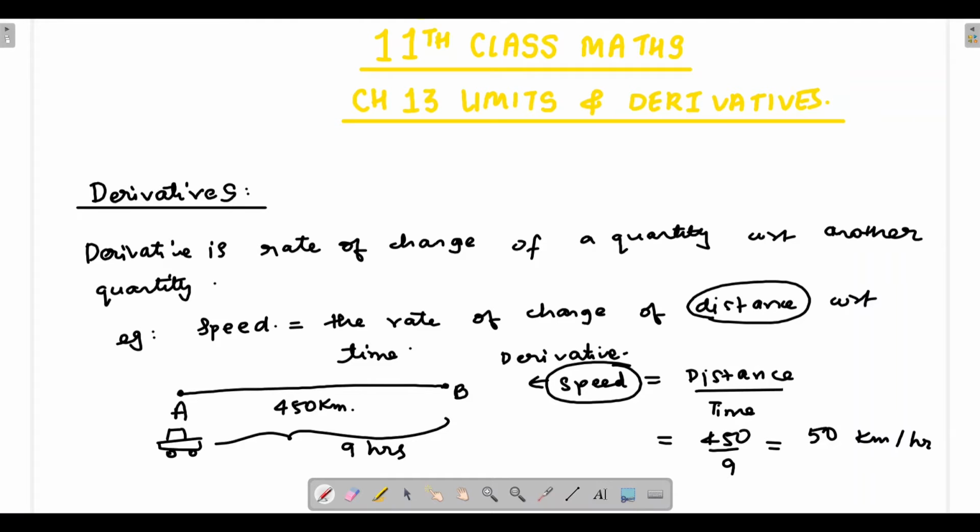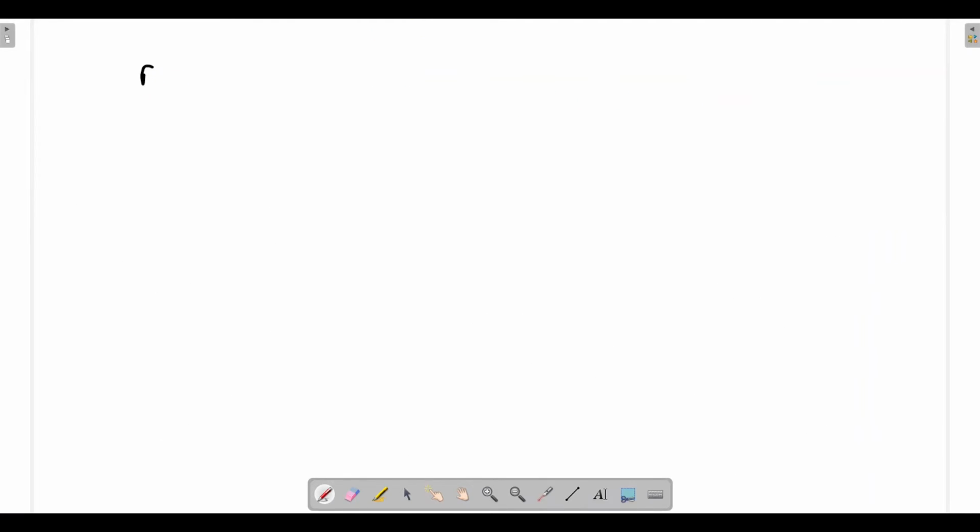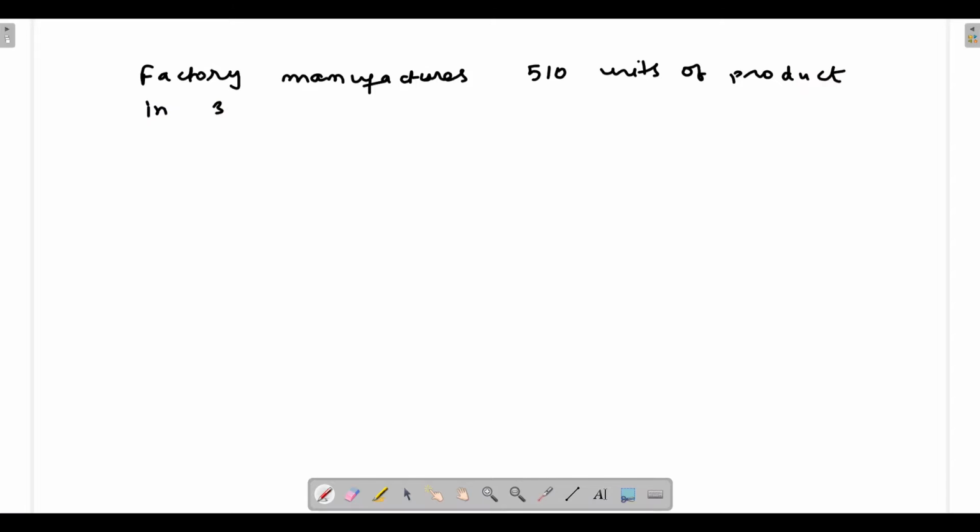So let us now look at one more example. So for example, if a factory manufactures say 510 units of product in 30 days, right?